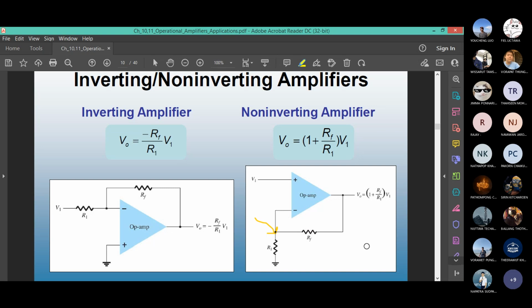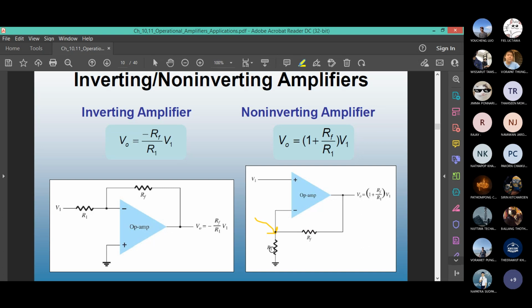It's connected to the output side using two resistors. What do we call this circuit connection? It's called the voltage divider.